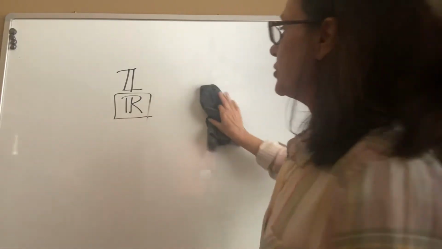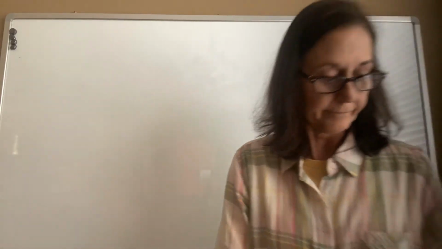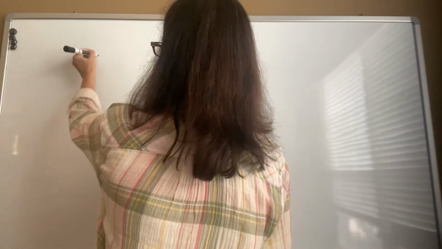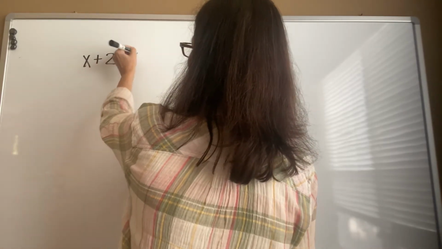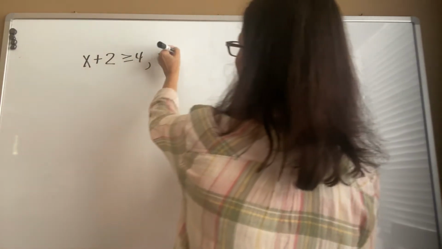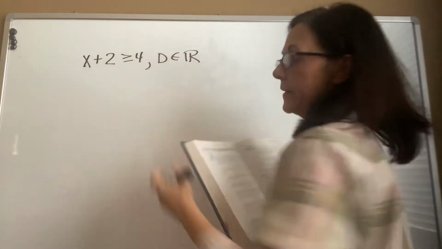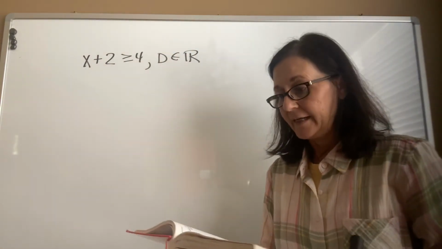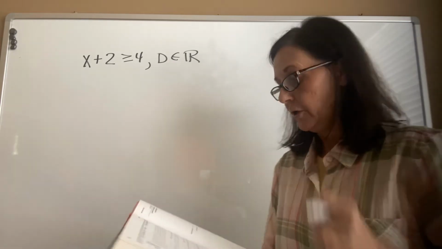All right, so traditionally, you have had a problem like x plus 2 greater than or equal to 4, and your domain was element of all reals. Now we're going to put that in set builder notation.